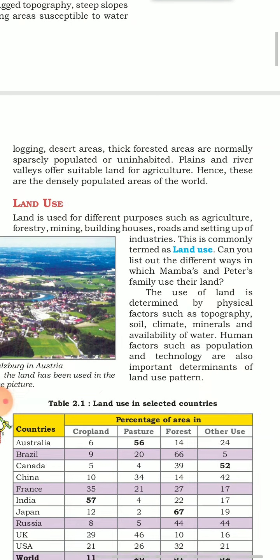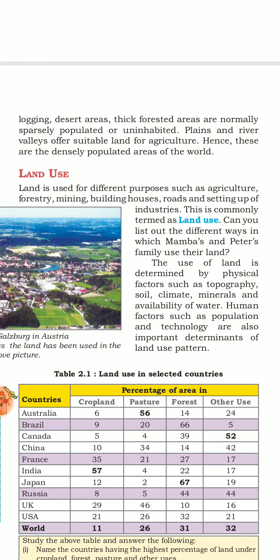So, these are physical factors of the country that determine the land use pattern. In India also, we have various forms of land like plains, plateaus, mountains, etc., which are kept in mind before planning the land use pattern.